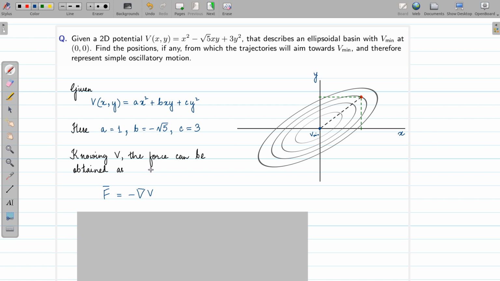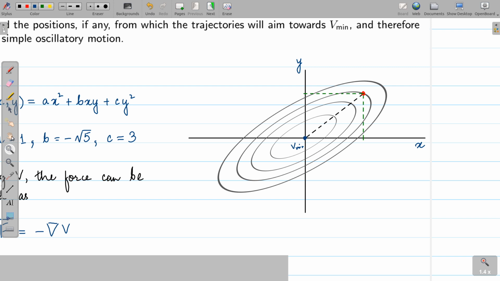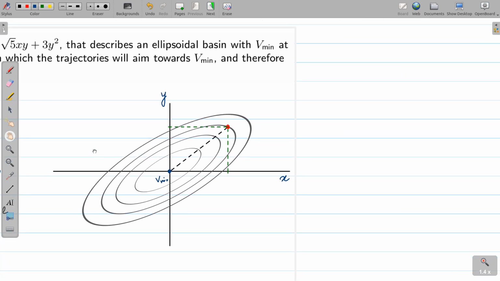Okay, so let me just zoom in a little bit. So I have the object over here, and when I release this from here, it will be acted upon by some force, and we want that force to be directed along this direction, because the force is going to direct the particle towards the V minimum.